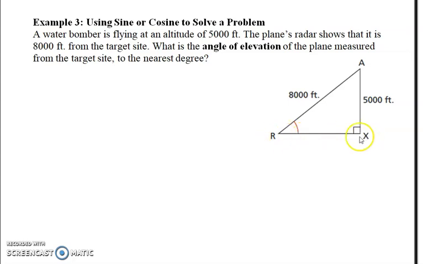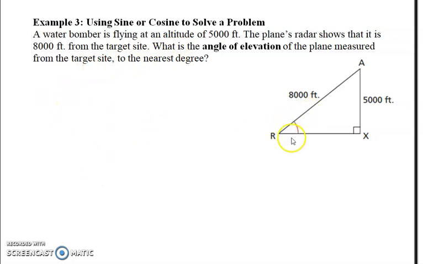Again, we assume obviously that the ground is horizontal, right? Those are assumptions we have to make. So the plane to the ground is 5,000 feet, and the plane to the target site is 8,000 feet. So it's approaching, right? This plane is heading towards this site. It's going to drop the water, so it has to know when to do so. And we're going to calculate the angle in doing so.